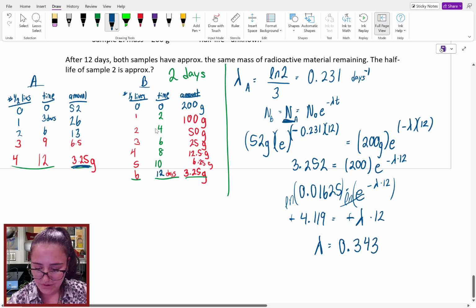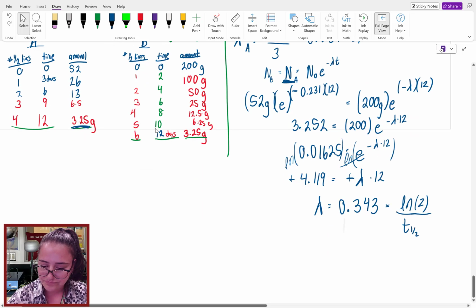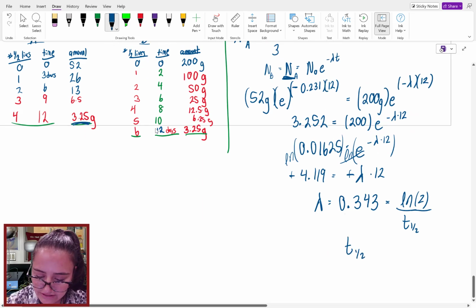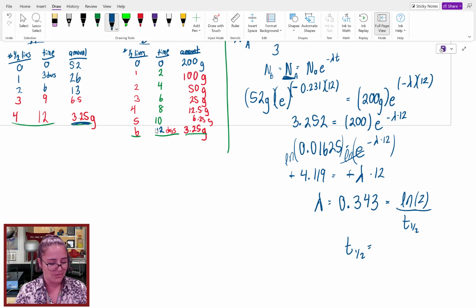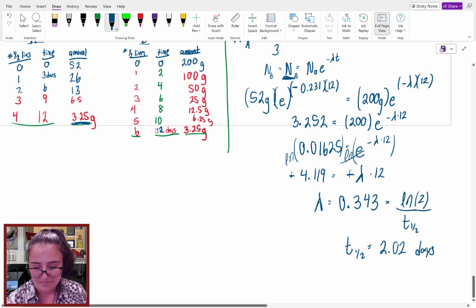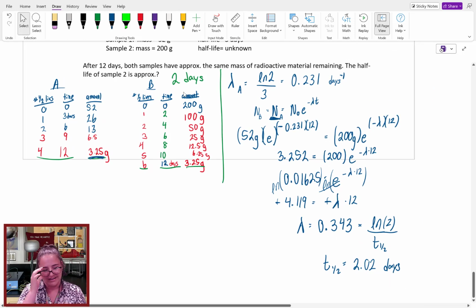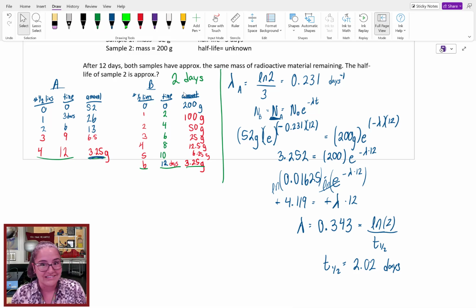Now, we know the decay constant equals natural log of 2 divided by the half-life. So the half-life will be the natural log of 2 divided by 0.343. And what do you know, we get 2.02 days. So just slightly off from what we got using that chart method. And that's nuclear physics. Okay, cool?